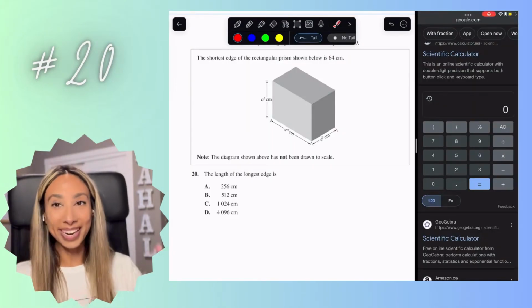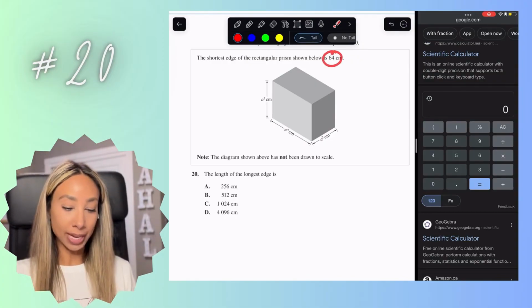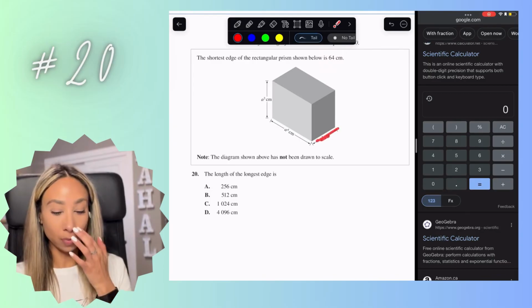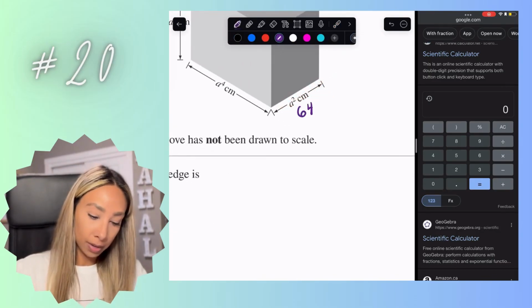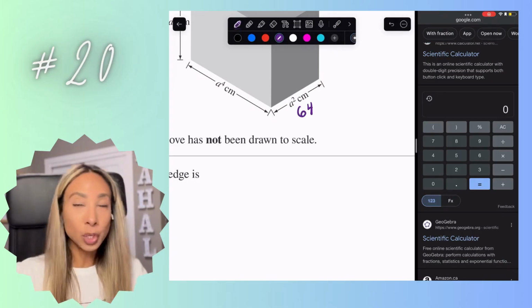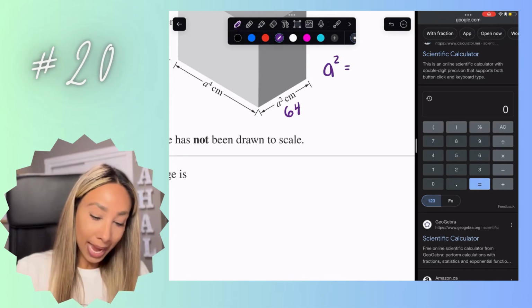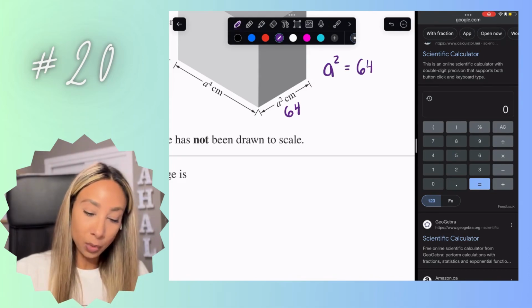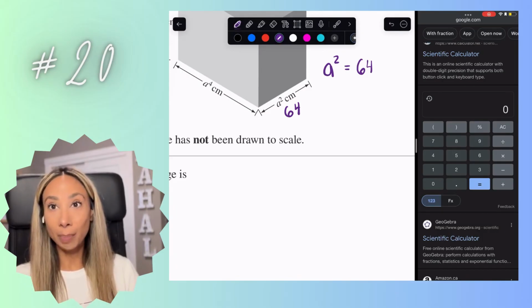Okay, number 20 here. So they gave us a diagram, and what they said was the shortest edge of the diagram is going to be 64. So that means our shortest edge here is 64. So you might be wondering, okay, how does that help us? Well, we know that A squared is equal to 64. That's going to be important because this goes back to knowing our perfect squares.